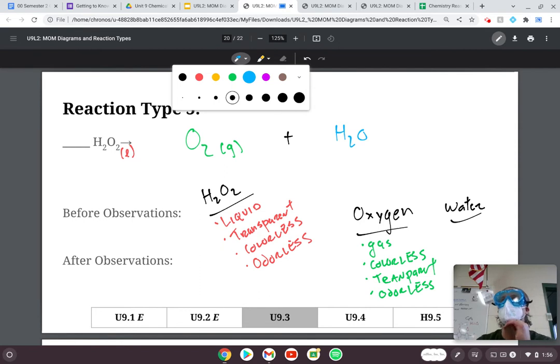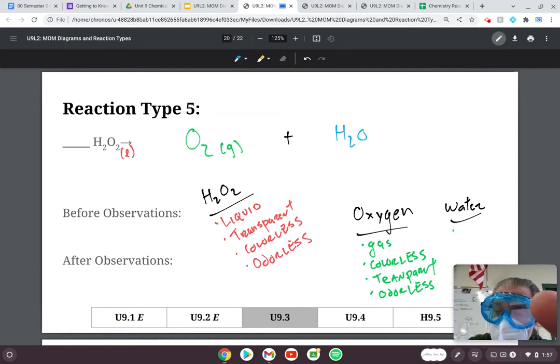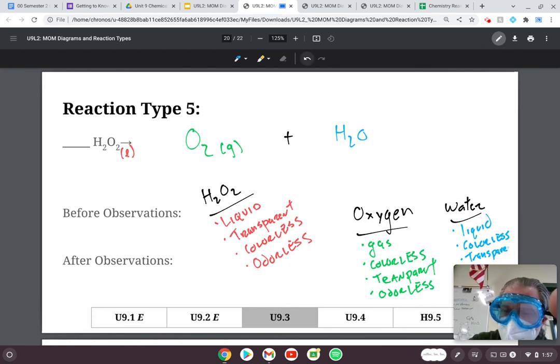But if we took that solution and boiled off all the water and collected all the water, first of all, it would be liquid because it would be pure water. It would probably be colorless, and it would be transparent. So this water is going to be pure water here.